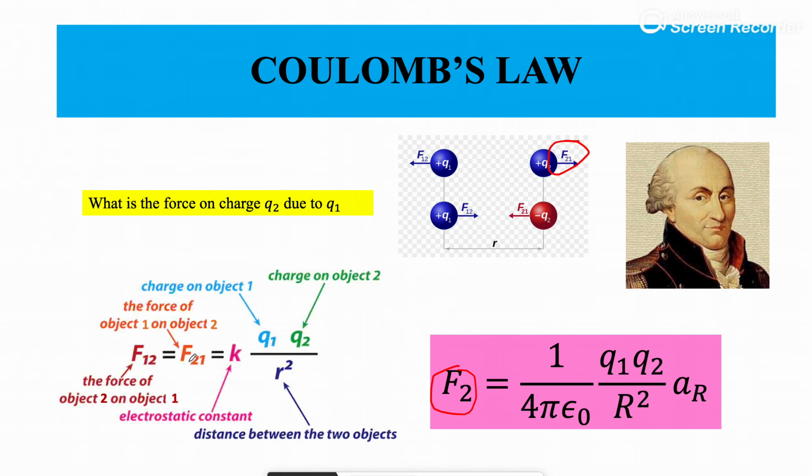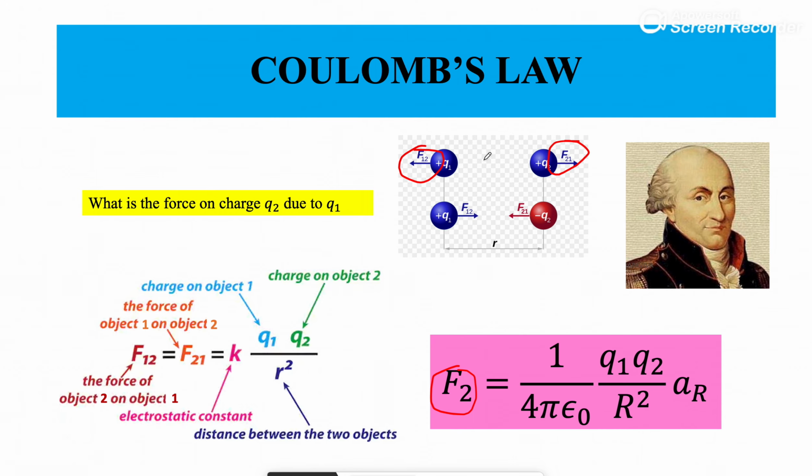So F21 is the force of object 1 on object 2. Similarly, if you want to find the force of object 2 on object 1, it is given by F12, and both the forces are equivalent.